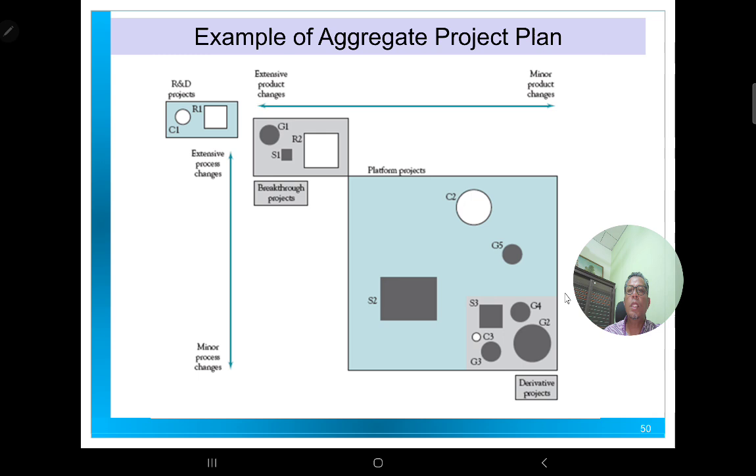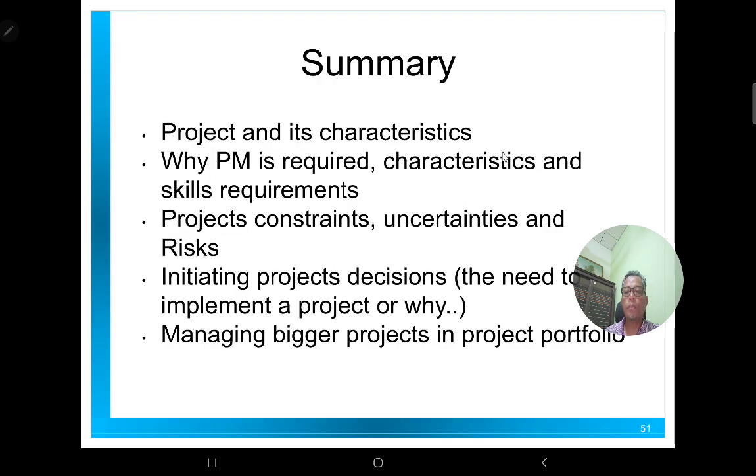The size means the number of people working within this one. So by looking at this, you should be able to identify some of the tasks to be implemented by this aggregate project plan.